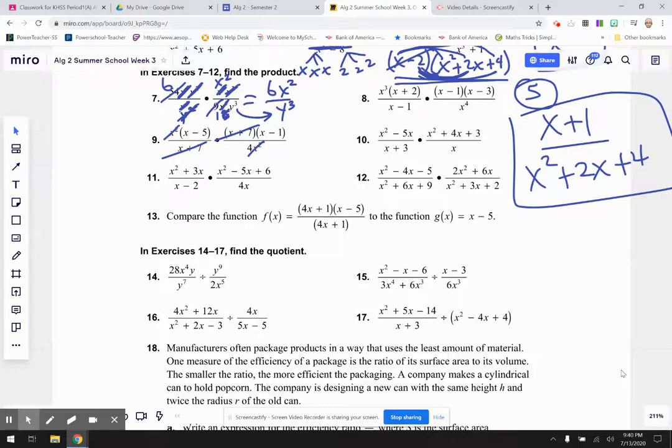And the only thing left is just the top, x minus 5 times x minus 1. So that would be your answer. There's nothing on, oh wait, there's a 4 on the bottom. Sorry, my bad. There's a 4 down there. So that would be your answer to 9.